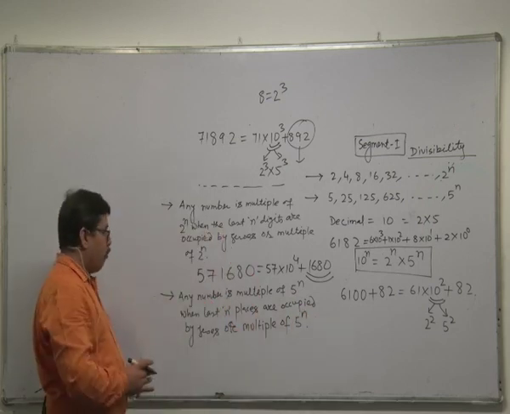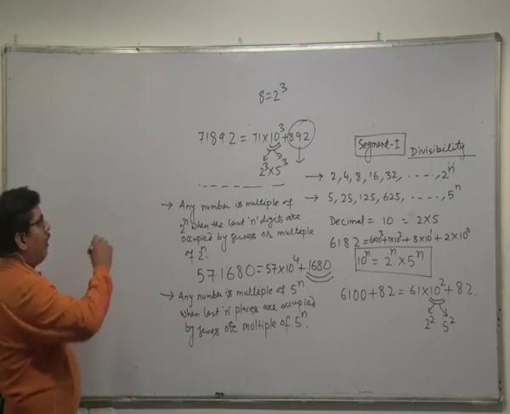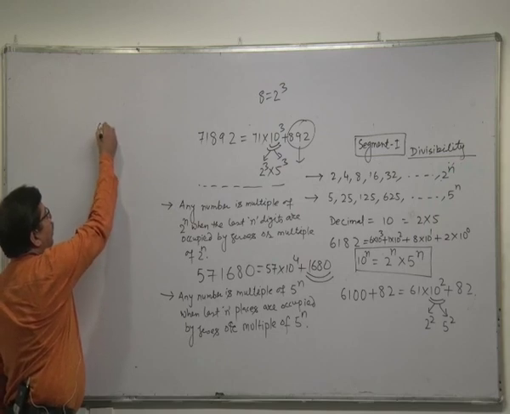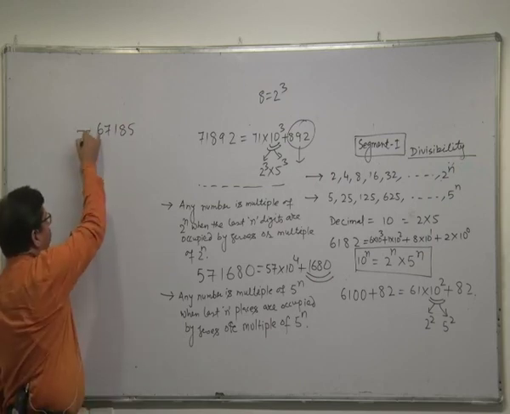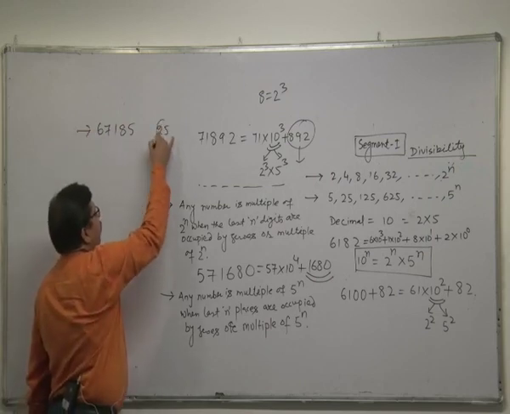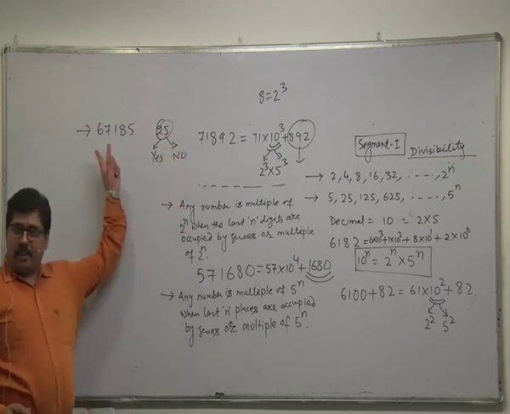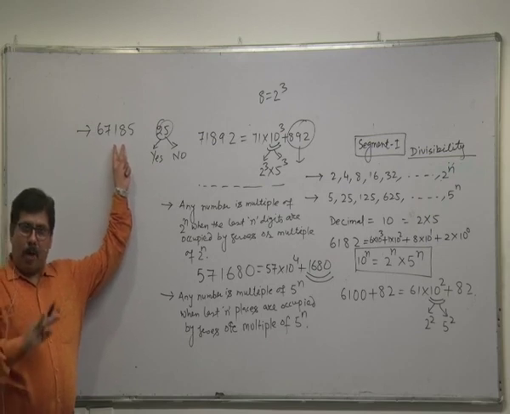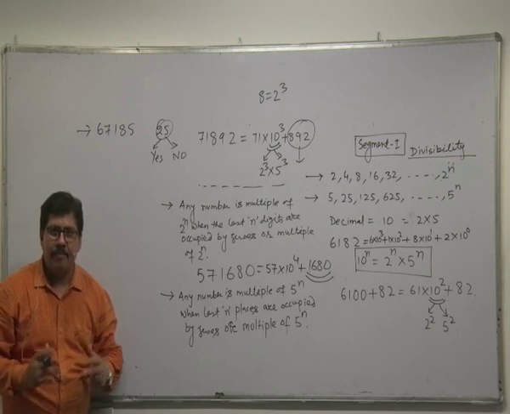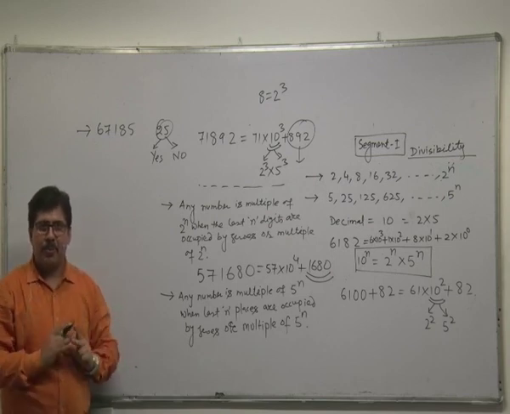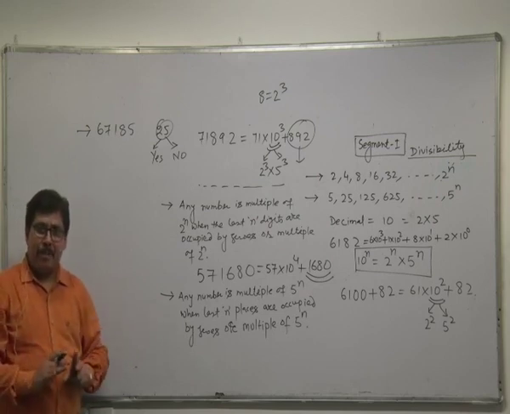I'm giving you a few more examples. Let us take a number like 67185. Just check the divisibility of this number by 25. Yes or no? Whether this number is a multiple of 25 or not. 25 means 5 raised to the power 2, and 5 raised to the power 2 is a factor of 10 raised to the power 2.